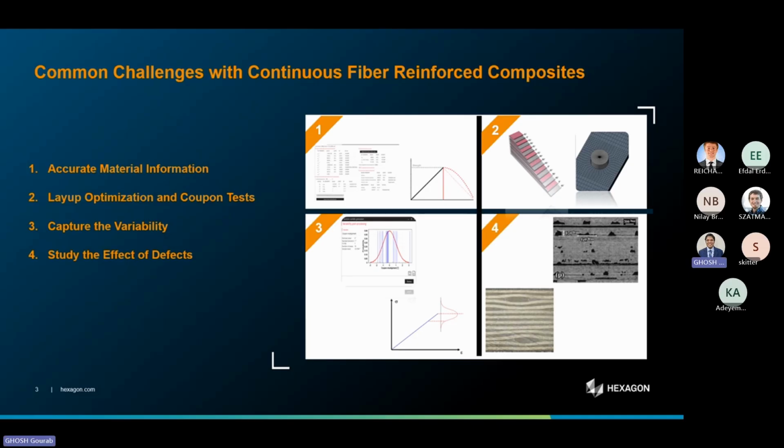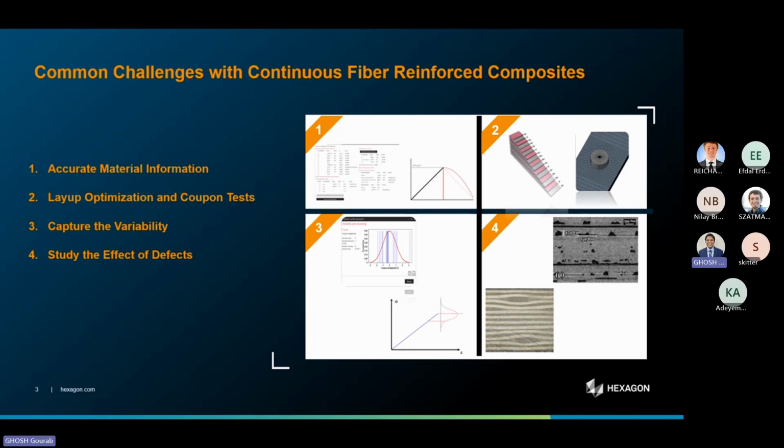Then comes the study of the effect of defects, because defects can have knockdown effects on your stiffness or strength prediction from a material point of view. These defects can be a result of your manufacturing process, which is honestly almost unavoidable.